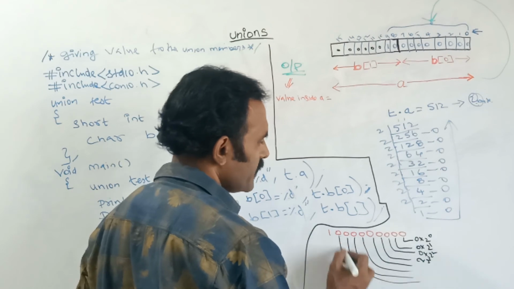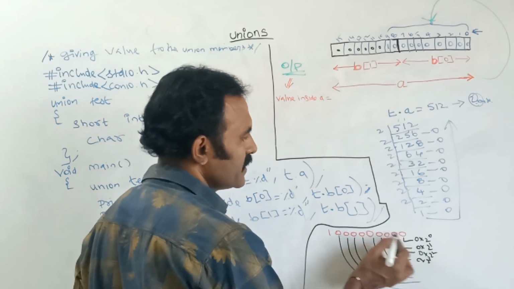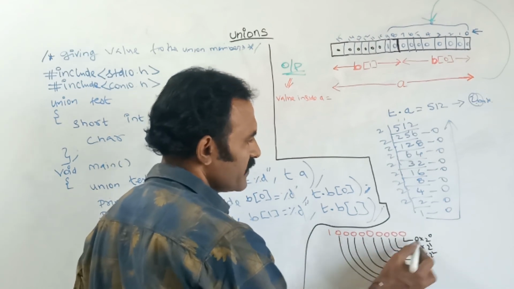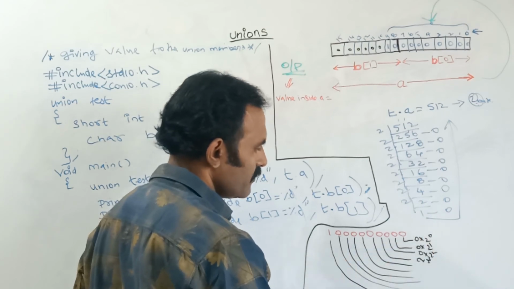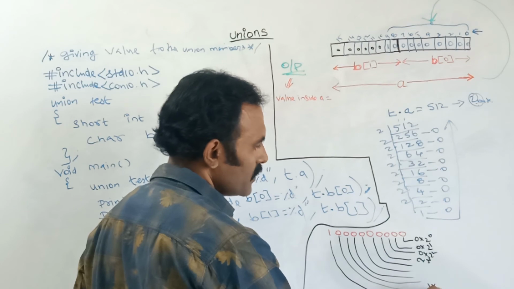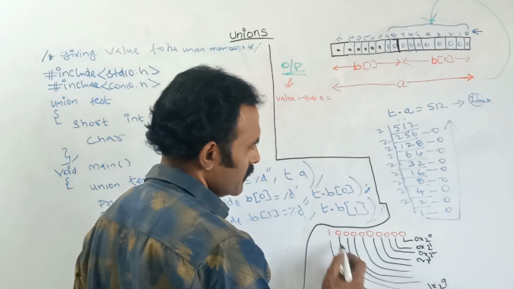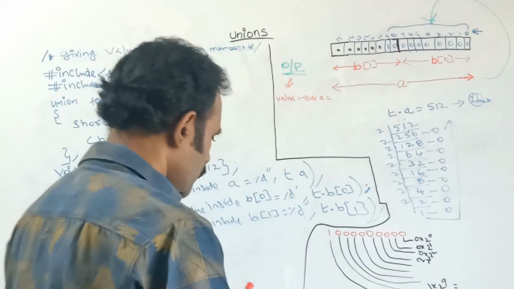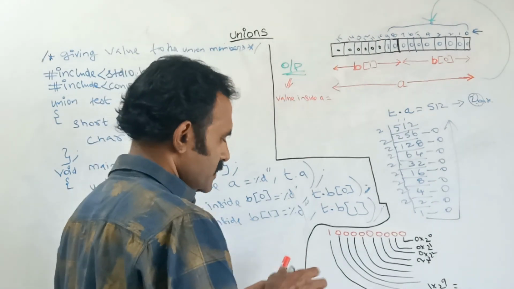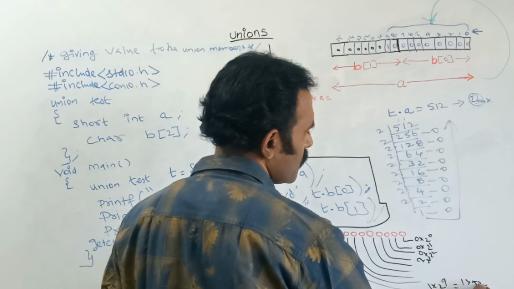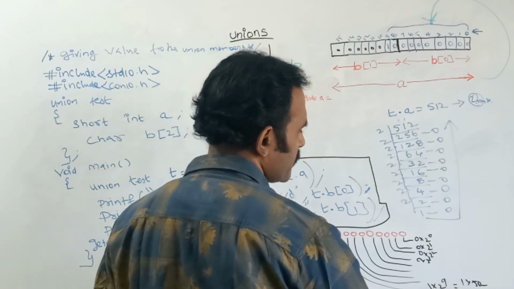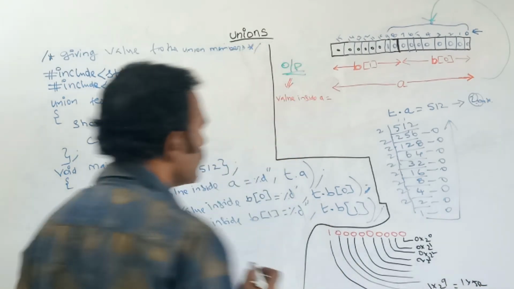We need not find these, because anything multiplied with 0 is 0. So we know every value here is 0. Here only the value will be 1 into 2 to the power 9. So 1 into 2 to the power 9, the answer is 1 into 512. So the result is 512. So 512 will be printed here.